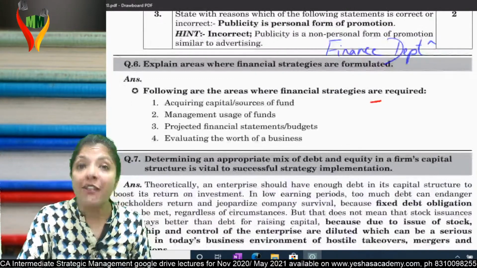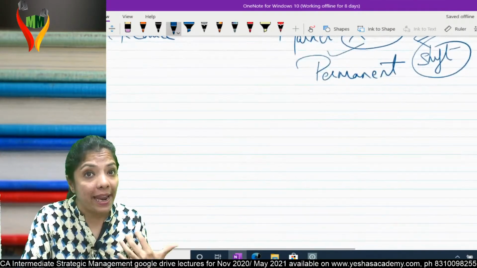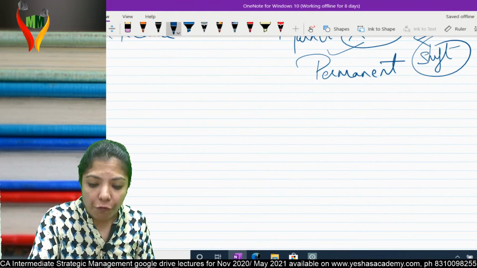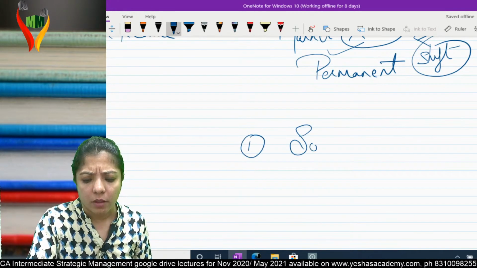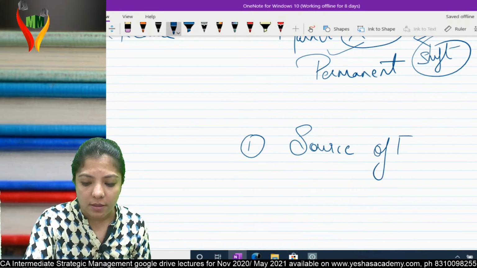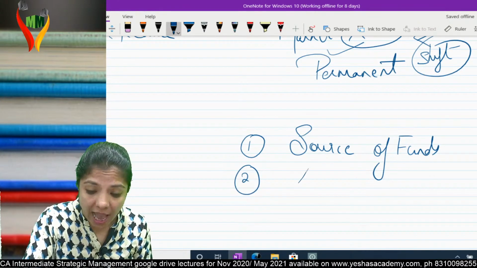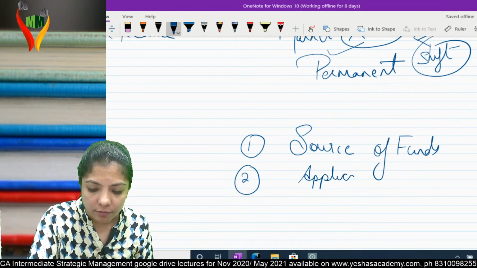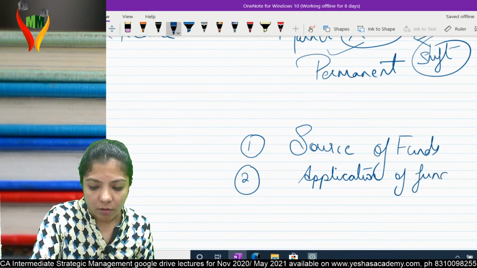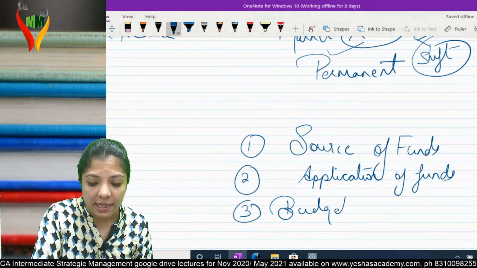When I say finance department, in what all areas will I be making strategy? The first thing that will come to mind is source: from where I am going to arrange funds, source of funds. Second, how I am going to use this fund, application of funds. Third, budget, one of the very important things done in finance department.